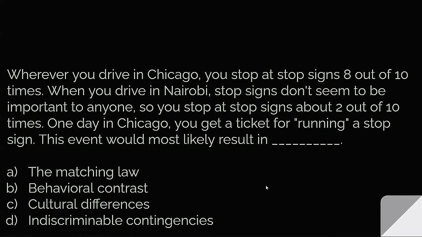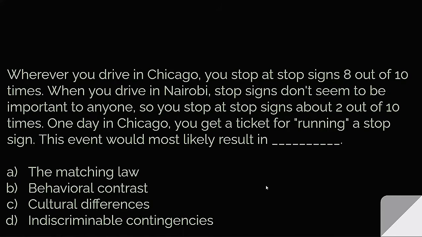I could be wrong. So this event, we've got stop signs, and you stop or you don't in Chicago versus Nairobi. So it sounds like different settings, right? Your behavior is different. There's some schedule of reinforcement for you in one place that's different than the other. And then something happens that may change the schedule in one of those settings. Chicago, for instance, where you get a ticket.